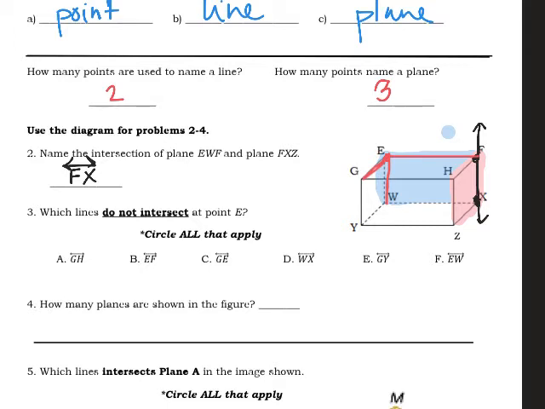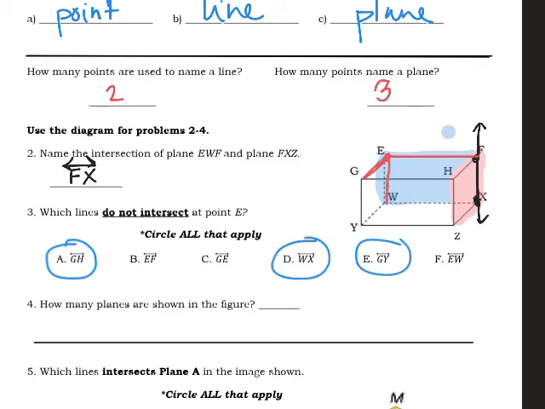Y, Z, and X, or H. So if all these lines connect to E, aren't they all going to have E in the name? Yeah. Right? G to E, W to E, F to E. So if I'm circling all the ones that do not intersect at E, which ones should I focus on? A, D. All the ones that do not have an E. There you go. That's what I was hoping for.